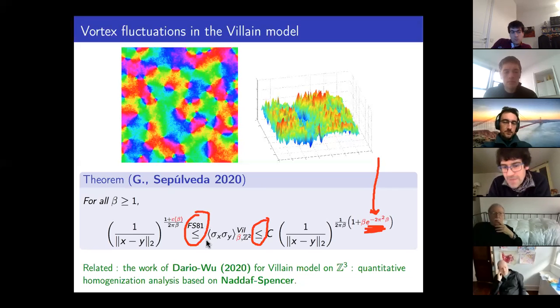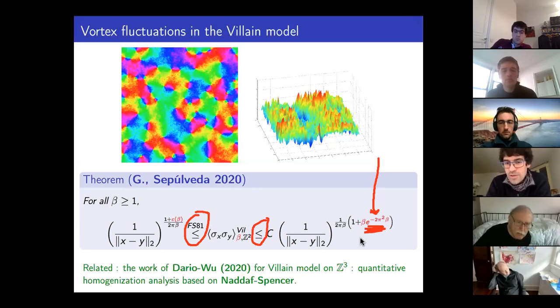What they obtain is that the 2 point correlation function is asymptotically as what you would get for the Gaussian free field, but with a correction. So they have estimates on the effective temperature, but in 3 dimensions, in some sense, lower and upper bounds are matching. So it's nicer in that sense.